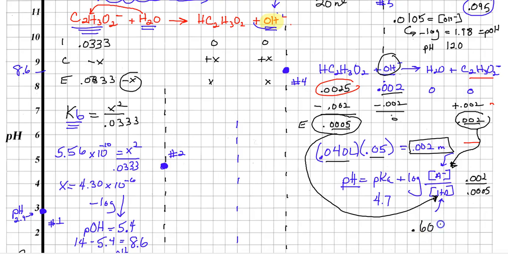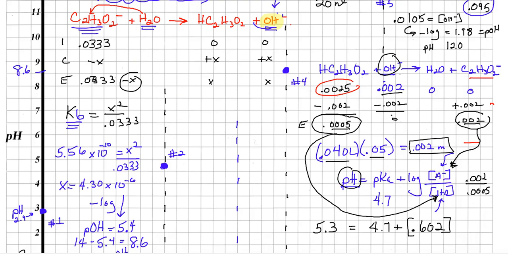That 0.602 is the log of that ratio, which is 4, and I'm adding it to 4.7. When you do that, you get approximately 5.3, and that's my pH, with that ratio of conjugate base and acid available.